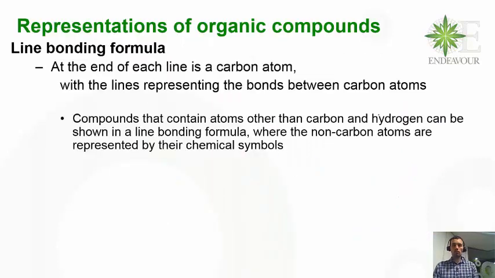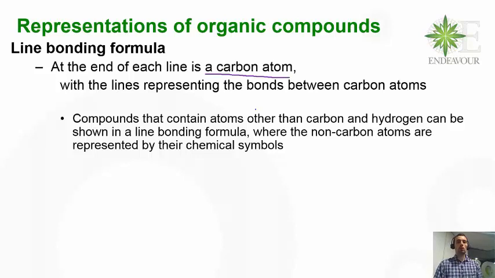So the last form that we can represent an organic compound in is called the line bonding formula. So this is an even more simplified way of drawing these structures, where the end of each line is the position of a carbon atom. So essentially what the lines are representing are actually the bonds between different carbon atoms.